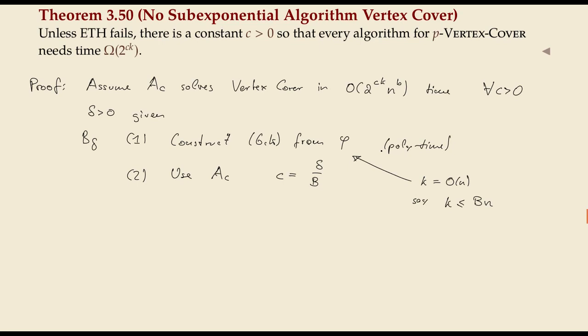So this is only given by the specific reduction that we fix, but it doesn't depend on the instance or something like this. It's essentially a measure of the size of these gadgets and so on. So we use our vertex cover algorithm to solve the vertex cover instance and then return yes or no, depending on whether the instance here is satisfiable. So this is a simple algorithm for 3-SAT.